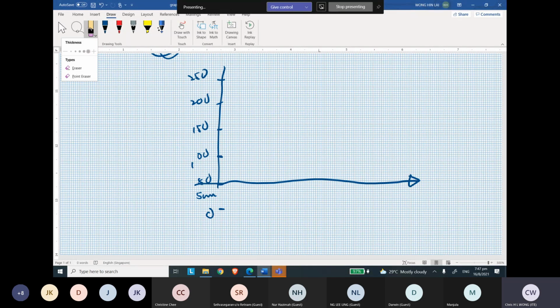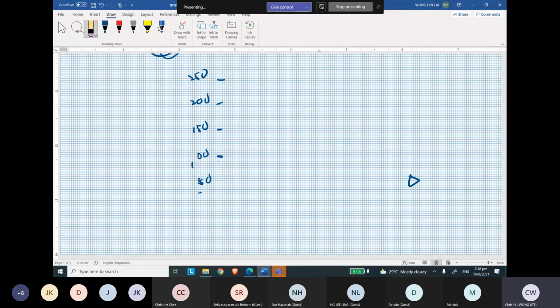Like I said, it's really up to you how you want to interpret. You want to draw a nice bar chart, right? So really up to you how you want to draw. You want to start from 50 also can. You want to start from 0 also can. If you start from 0, then you draw lower down, so your horizontal line is the one you start from here. If you start from 50, the horizontal line becomes 50. So it depends on where you begin.